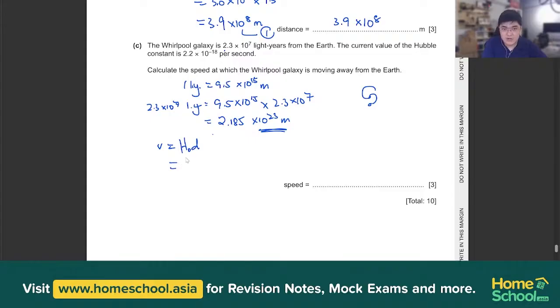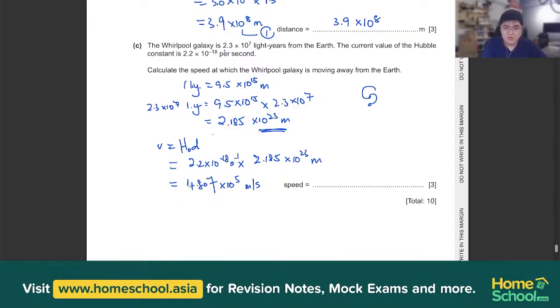This is equal to 2.2 times 10 to the power minus 18 multiplied by 2.185 times 10 to the power of 23. This would get you 4.807 times 10 to the power 5 meters per second. As you can note, this is per second and this is in meters, so when you multiply these together, you get meters per second. You get speed, right?